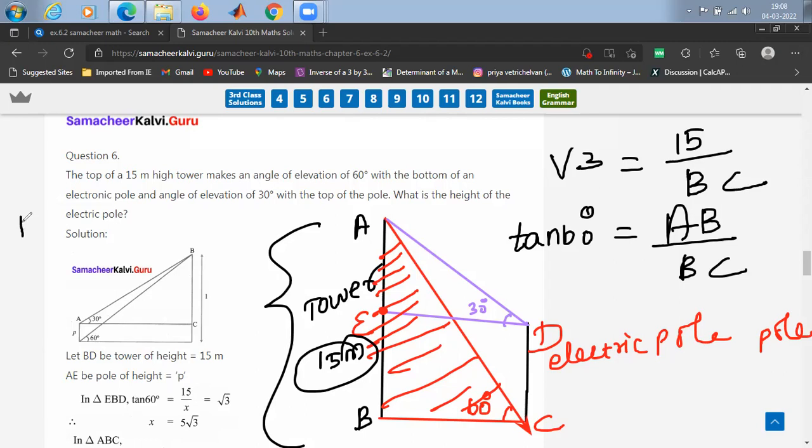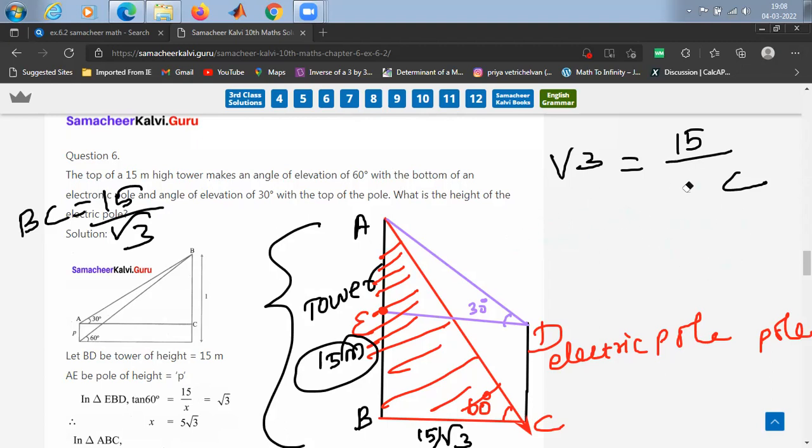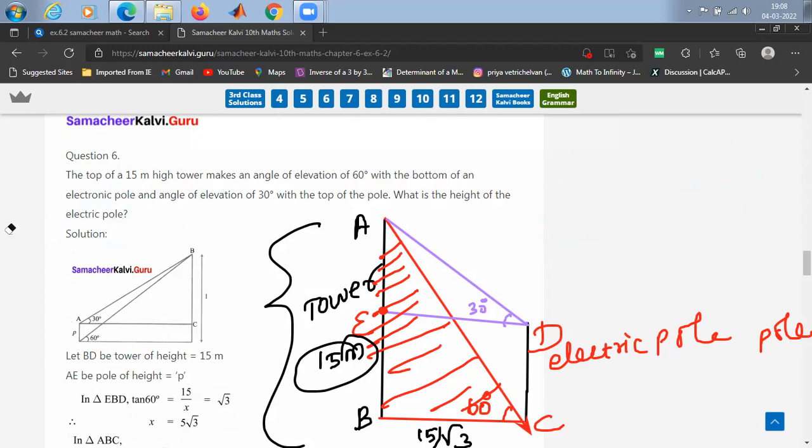Okay. So BC is equal to 15 upon √3. So from that you'll be able to find the value of BC. Can you follow this, Manasi? This is going to be 15 upon √3. Can you follow? Yes.